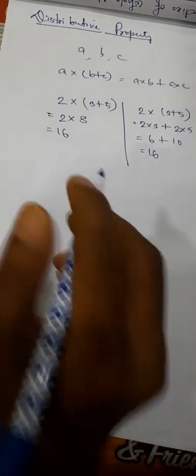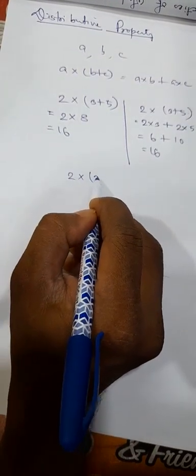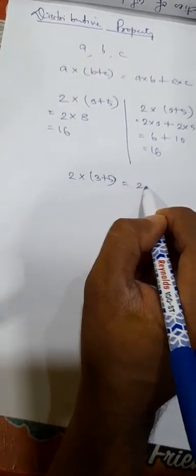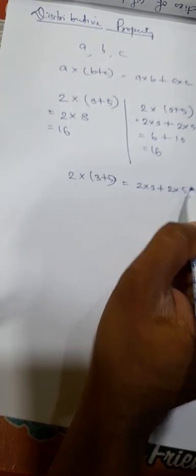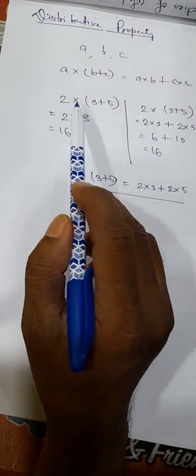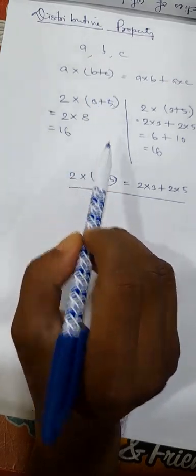That means what we understood is 2 multiplied by (3 plus 5) is the same as 2 multiplied by 3 plus 2 multiplied by 5. This property is called distributive property. Why are we calling it distributive property? The operation of multiplication is distributed with the numbers within the parentheses.